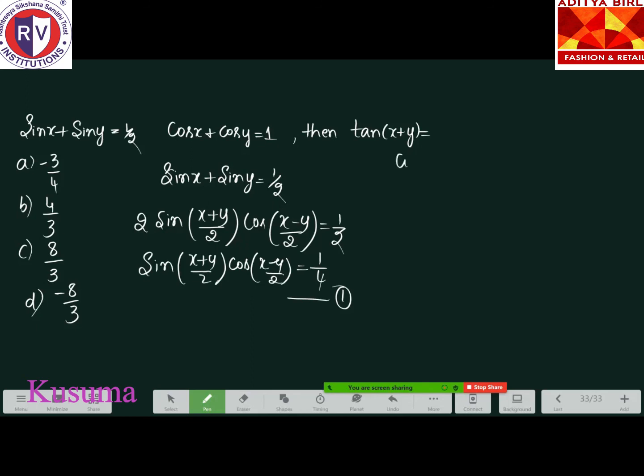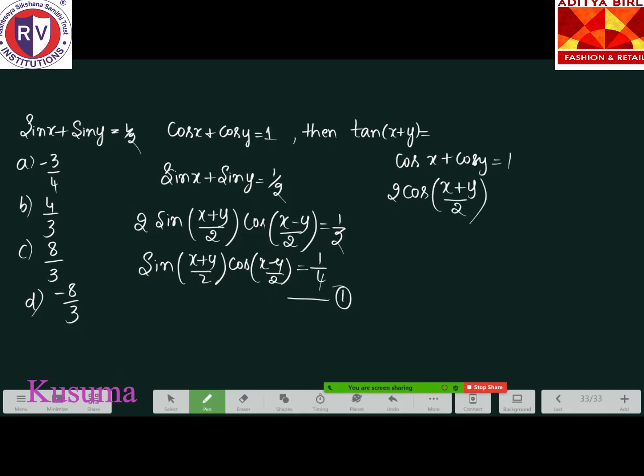And we have cos x plus cos y is equal to 1, right? So this is of the form cos A plus cos B. So how do you expand this? 2 into cos of x plus y by 2 into cos of x minus y by 2. Very good.